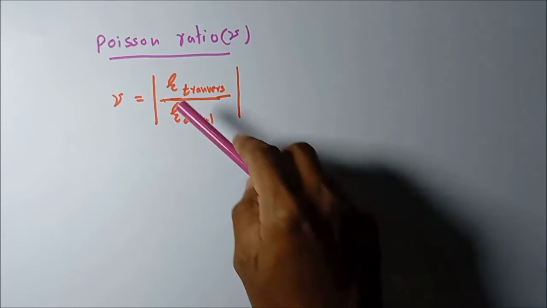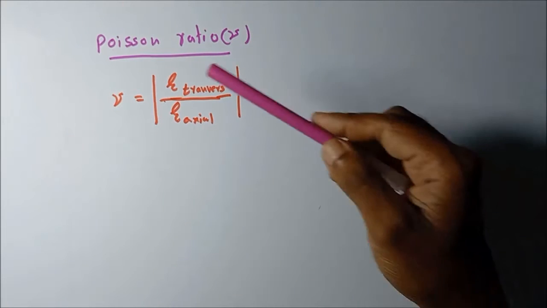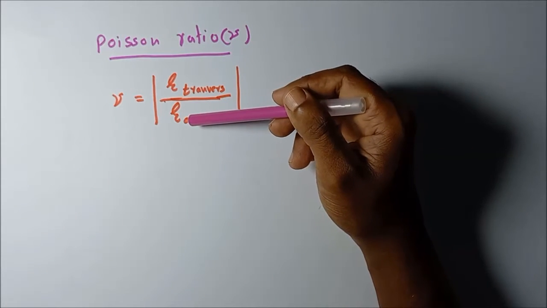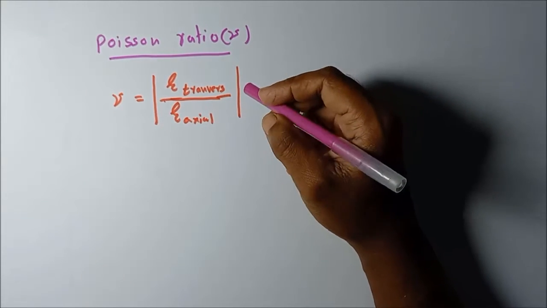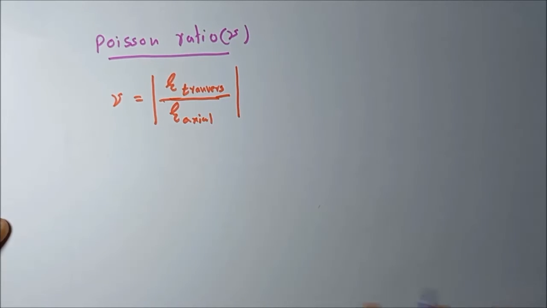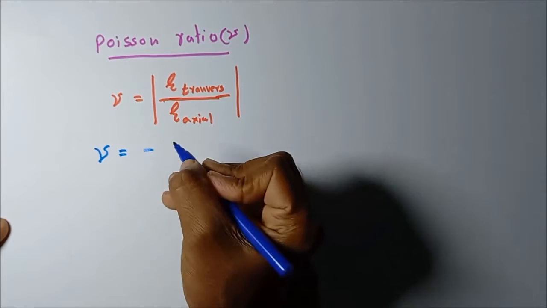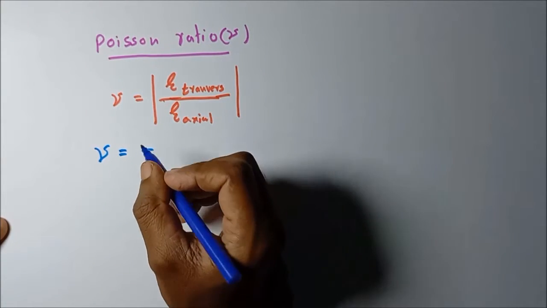So what can you say about this ratio? It is always negative. When one becomes positive, the other becomes negative, and vice versa. So the ratio is always negative. To make it a positive number, we take the absolute value. So how to remove this absolute sign? In general mathematics, we multiply with the minus sign, because the ratio is always negative.